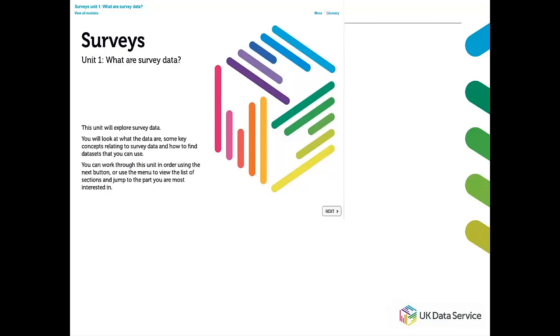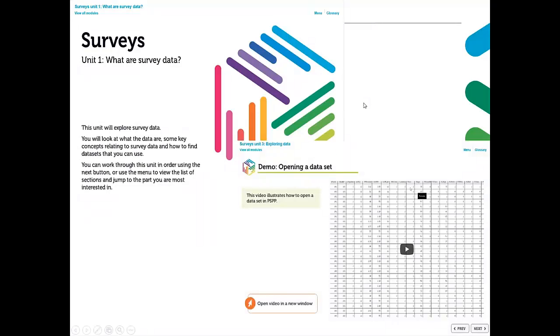The second module looks at longitudinal data, and the third looks at international macrodata. Now, each module is designed for you to dip in and out as and when you have a bit of spare time, and each one should take around 2 hours to complete in total. But they can be very useful, as I say, if you're new. And it's a mixture of information and videos for you to follow.